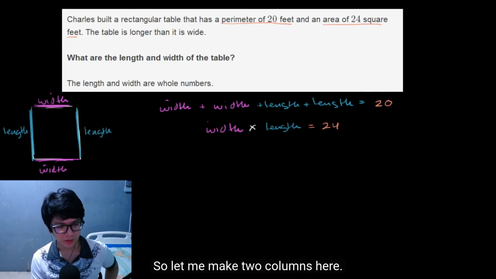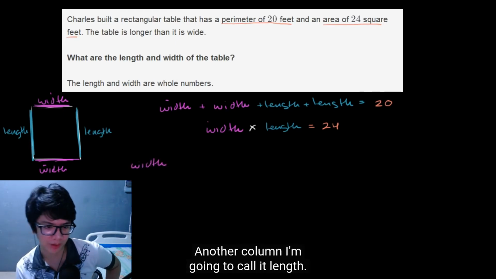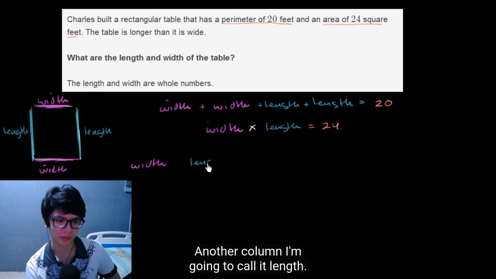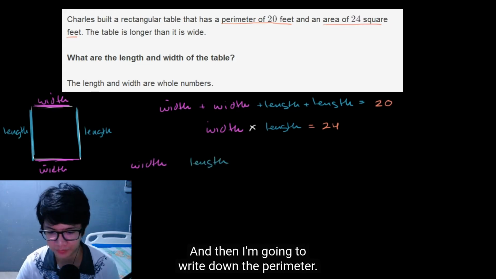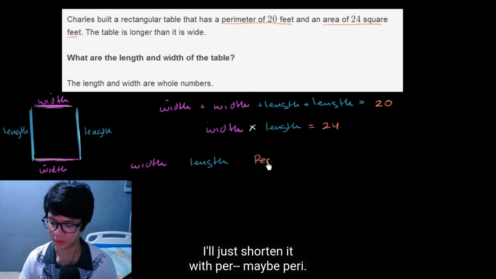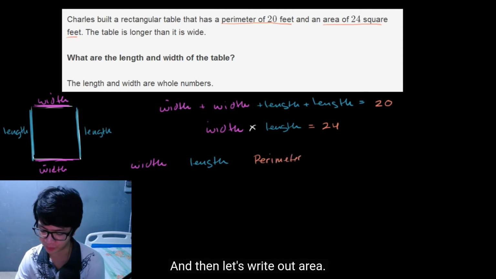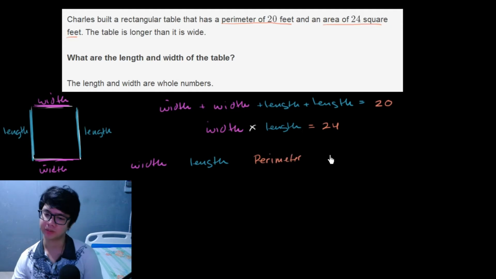So let me make 2 columns here. One column, I'm going to call the width column. Another column, I'm going to call length. And then I'm going to write down the perimeter. I'll just write out the whole word, perimeter. And then let's write out area.